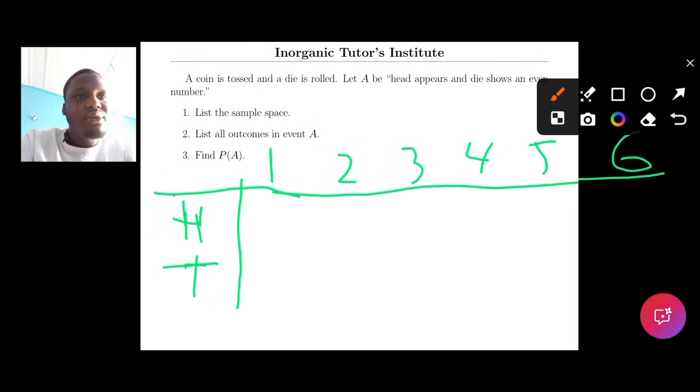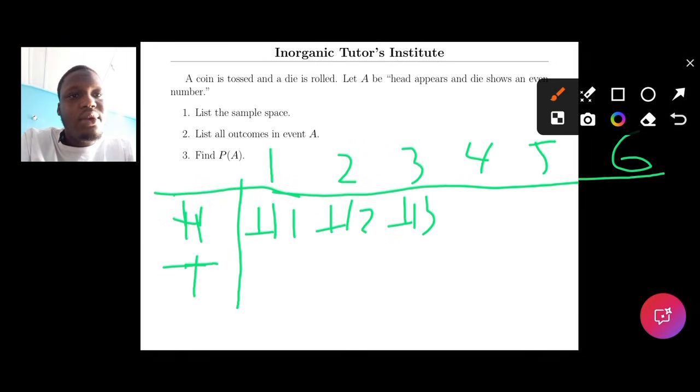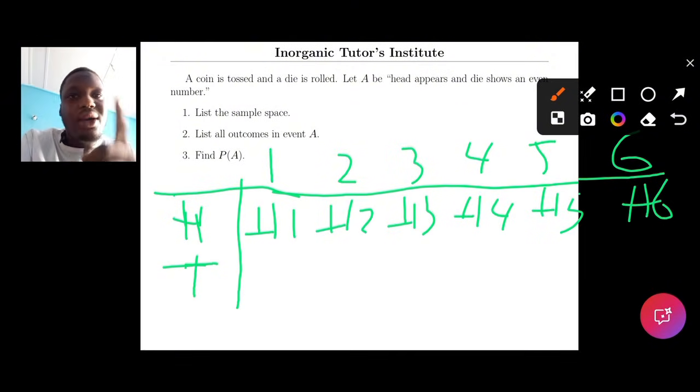Now let's match them just the same way we formed the 6x6 matrix. So we have H1, H2, H3, H4, H5, and H6. For this one, you can decide not to bring the commas in between.